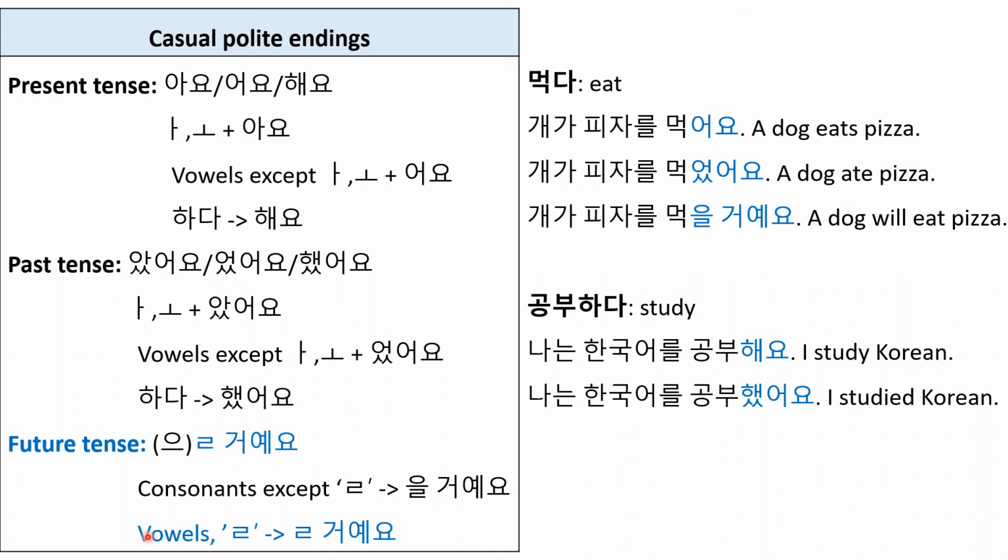If the stem ends with a vowel or consonant 리을, the verb ending should be replaced with 리을 거예요. 공부하다's stem 공부하 ends with a vowel 아.